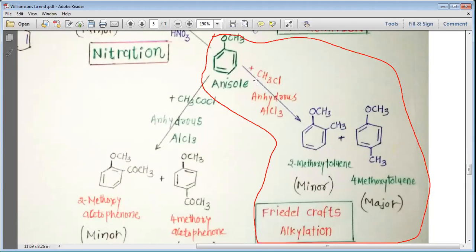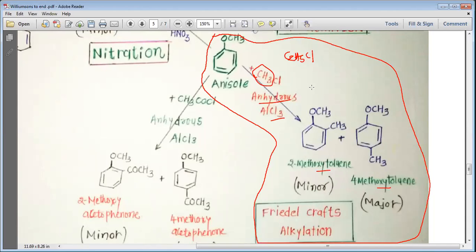To add an alkyl group like a methyl group or ethyl group: instead of CH3Cl, if we take C2H5Cl, then there will be an ethyl group bonded to the benzene ring. So we take CH3Cl and anhydrous AlCl3. Due to this, the Friedel-Crafts alkylation takes place and we get 2-methyltoluene or 4-methyltoluene.